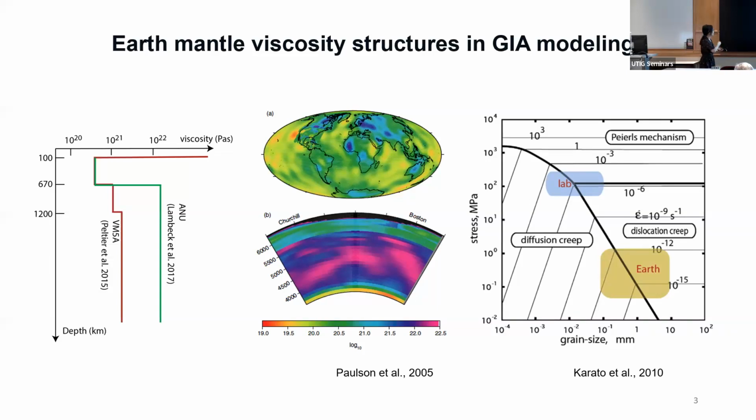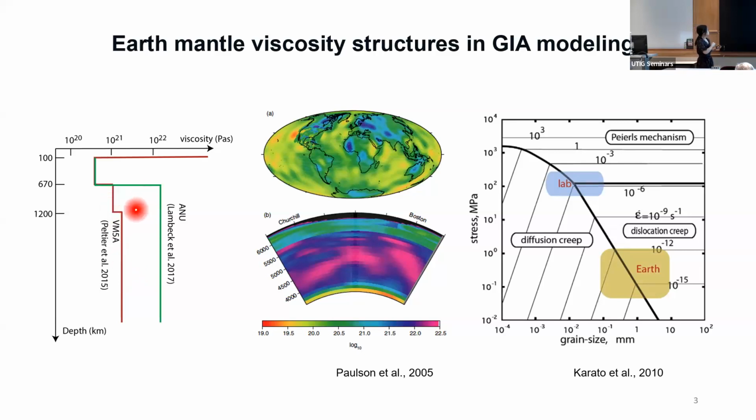For example, I showed here two very famous 1D viscosity structures. One is from Peltier's group, which we call VM5A. We can say their viscosity structure is 1D, but they have multiple layers, and the viscosity increases generally very smoothly from the upper mantle to the lower mantle.